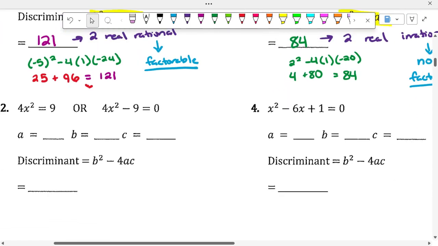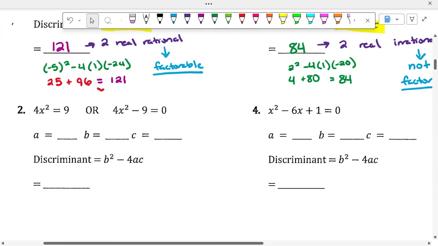All right, take a minute, try those last 2 on your own. Find the discriminant and tell me whether it's worth your time to factor or not.